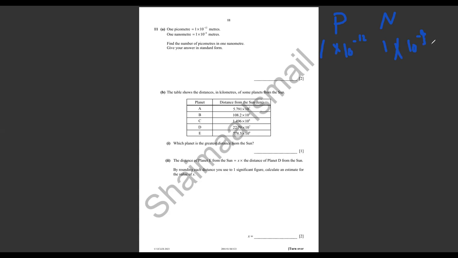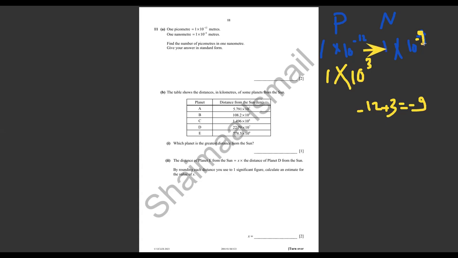So we have to multiply by 10 to the power 3, just adding 3 to the power. So the power is -12 plus 3, which equals -9. So we're going to reach the nano easily.